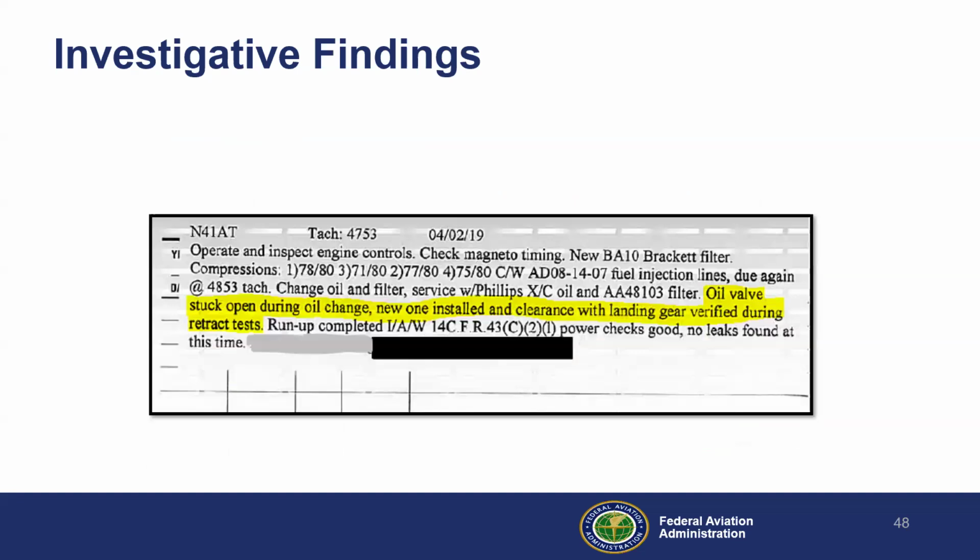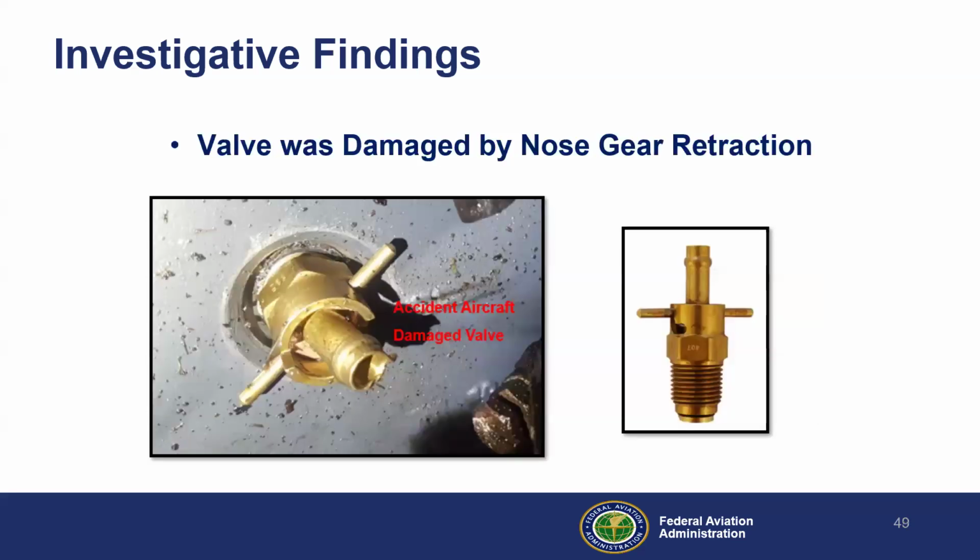It said the oil valve stuck open during oil change. New one installed and clearance checked with the landing gear verified during retract tests. So it's funny how things can happen in the air that they don't happen on the ground with the aircraft on jacks. But it happened. Here's the picture of the damaged valve where all the oil came out.